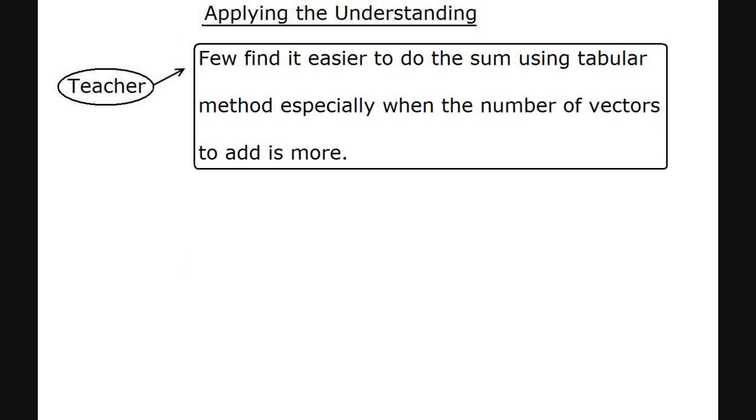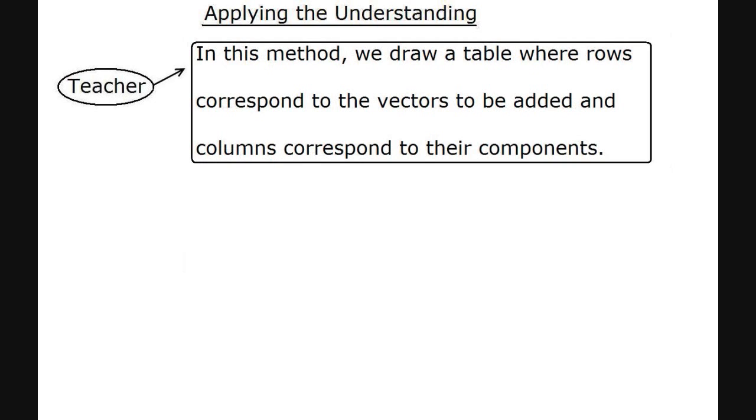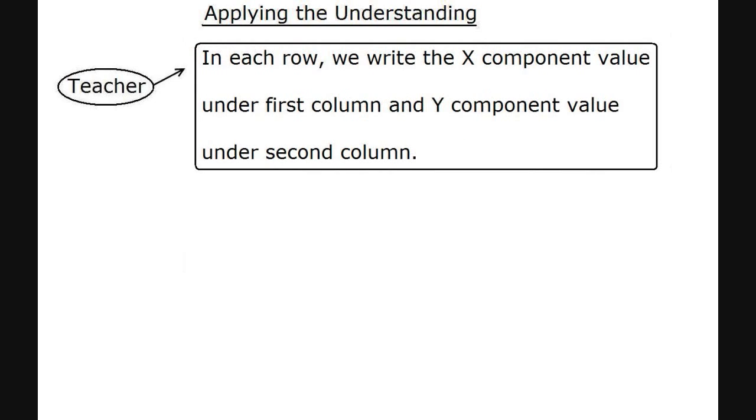You may find it easier to do the sum using the tabular method, especially when the number of vectors to add is more. In this method, we draw a table where rows correspond to the vectors to be added and columns correspond to their components. In each row, we write the x component value under the first column and the y component value under the second column.